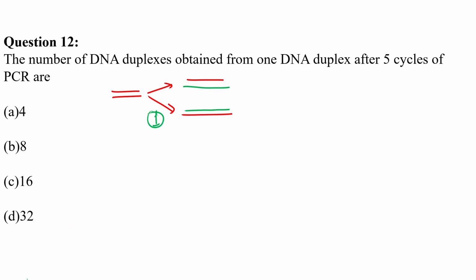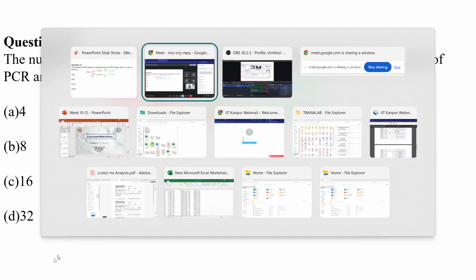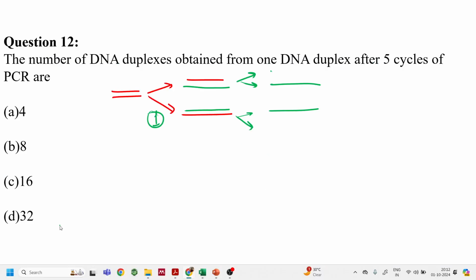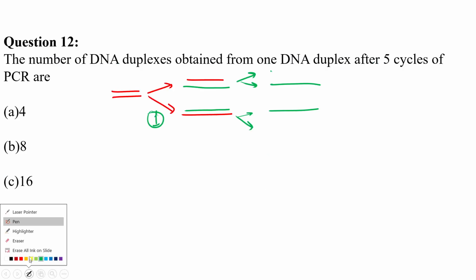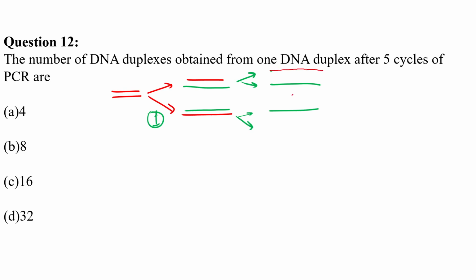So in the second cycle, what will happen? We will get one green strand here, one green strand here, then we'll have the red strand here and red strand here, right?